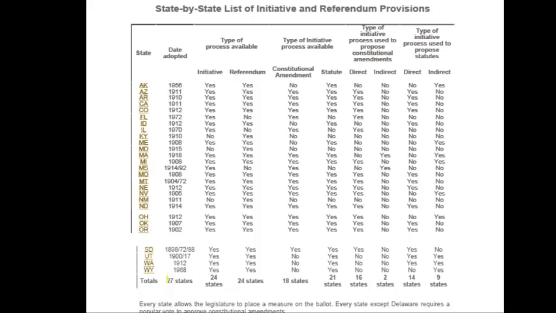Well, excuse me, I said 31. Looks like we've got 27 states total that have either a referendum or an initiative. So that's just a little more than half the states. And this gives you the details of what that state has available that they can use in their state. There's not been a lot of activity pursuing this.